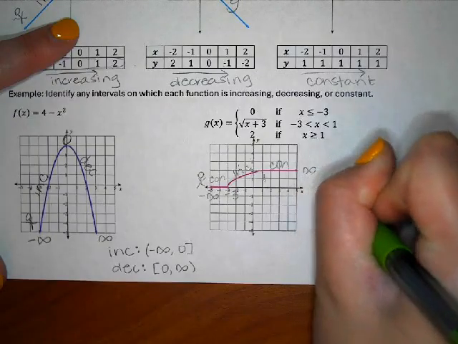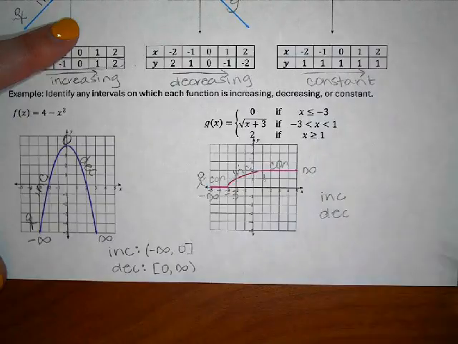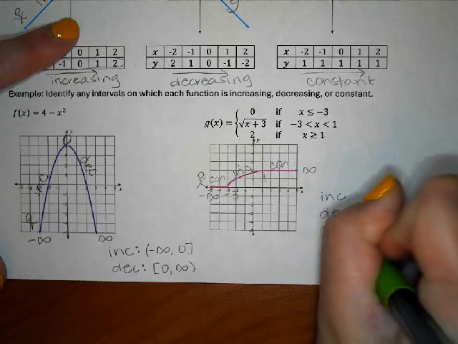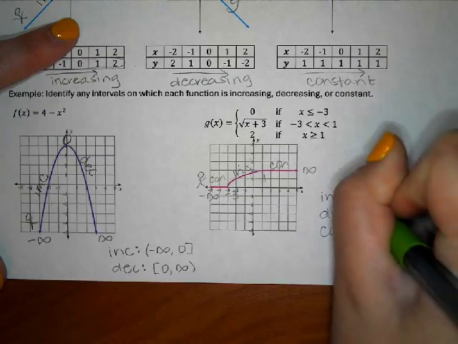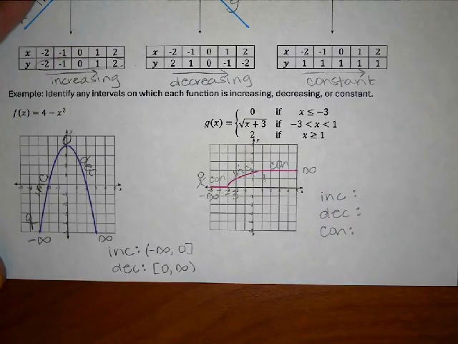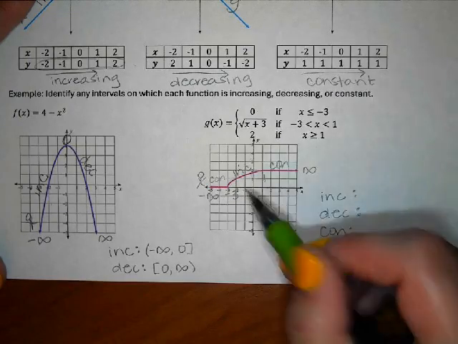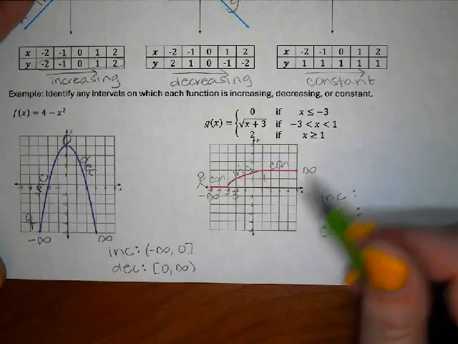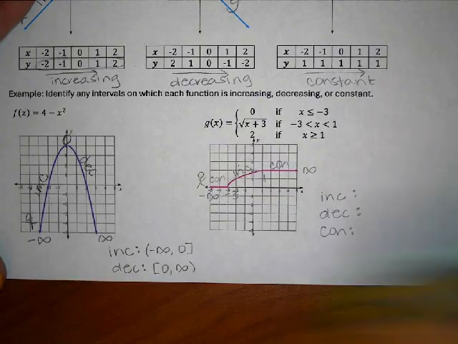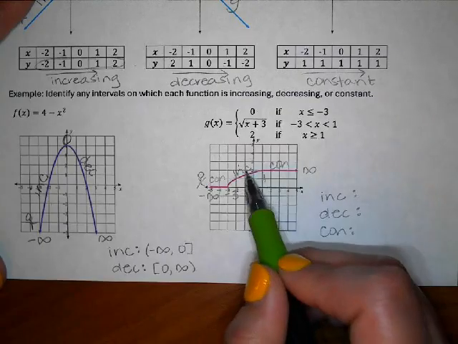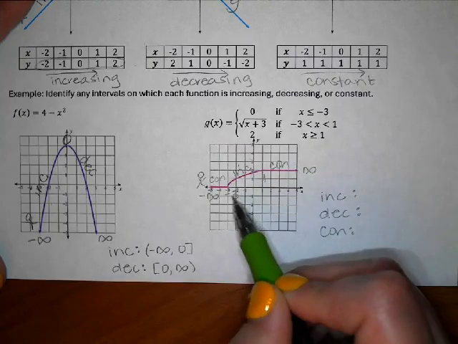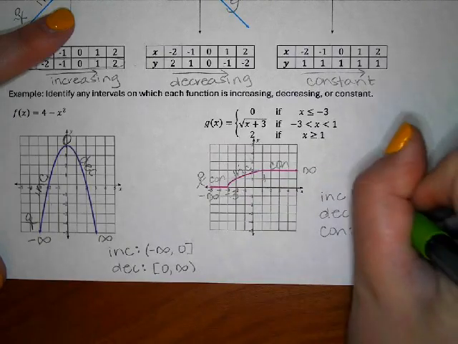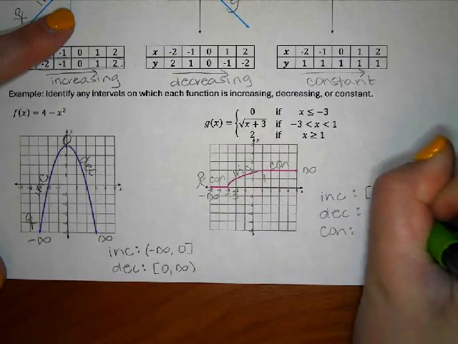A lot of times when you're asked about this, they just say increasing or decreasing. In this case, we're adding constant because it's a piecewise function, and sometimes we have those flat pieces. So for the increasing interval, the word increasing is in between -3 and 1. There are no decreasing intervals.